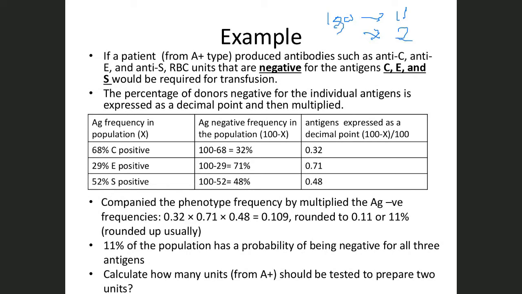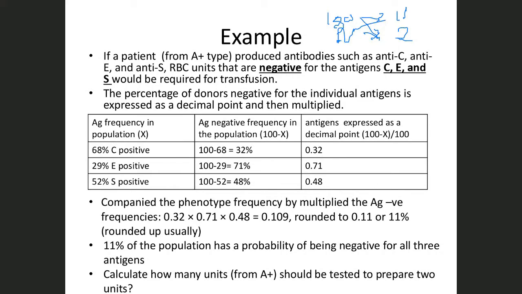So how many units do I have to take out from the inventory to do the cross matching? MashaAllah. Okay, let's see if it's correct. Ashwag says 18, so let's do it together. Let's call this N, for example.